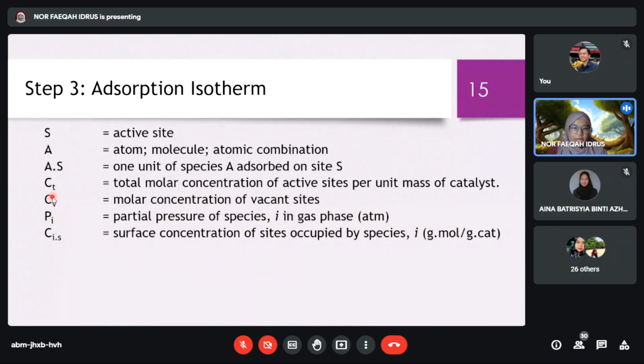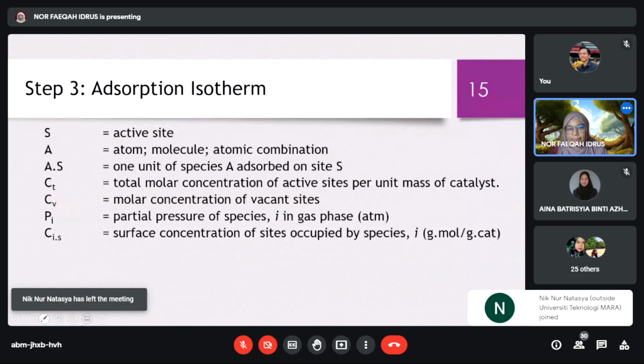What is C_V? C_V is the molar concentration of vacant sites. Again, similar to S, because the active sites are not only one, there can be more than one. So the overall concentration of the active sites, either with the adsorbed reactant or vacant sites, we write as C_T, and the vacant site concentration is C_V.